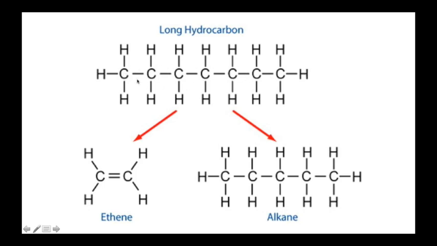You'll have a long chain, and it'll break into an alkane and an alkene because our hydrogens must balance. We've got 16 hydrogens here. Let's see, 2, 4, 6, 8, 10, 12, 14, 16 hydrogens here. So we need 16 for products. 2, 4, 6, 8, 10, 11, 12, 13, 14, 15, 16. We made an alkene and an alkane when we cracked this molecule.